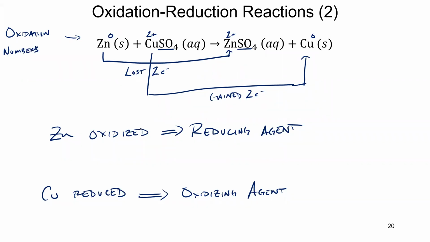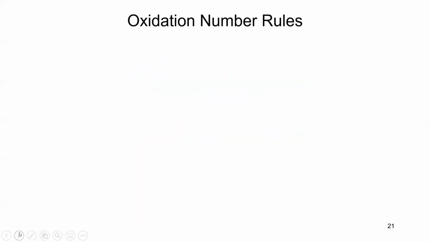And I want to walk you through some rules for calculating oxidation numbers. And that's where we'll end for today. But there are some rules in determining what the oxidation number is for an element. Notice that I put an oxidation number on copper alone, not on all of copper sulfate, right? Each element in your chemical reaction gets its own oxidation number. So let's look at some oxidation number rules.